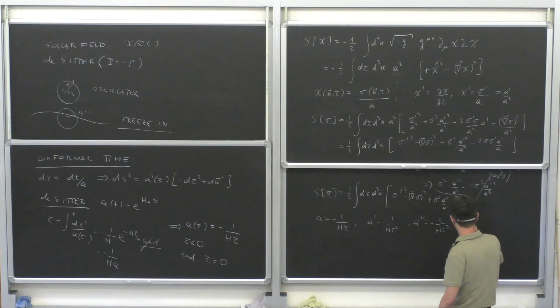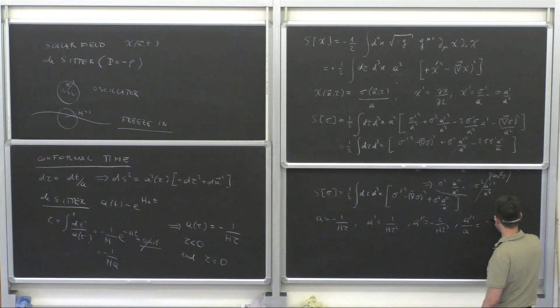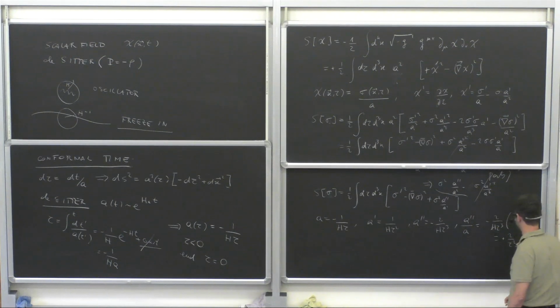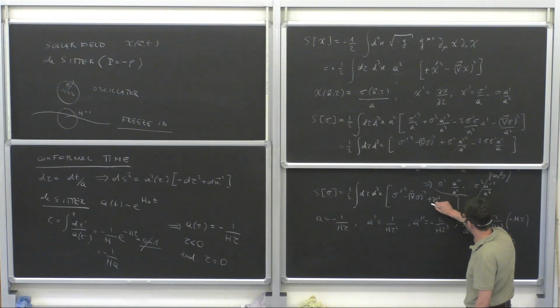So a double prime divided by a is nothing else than minus 2 divided by H tau cube, which multiplies minus H tau. So you see that the minus goes away, the H goes away, and this is nothing else than plus 2 over tau square. Okay? So in principle, what I can do is replace this by simply 2 divided by tau square.